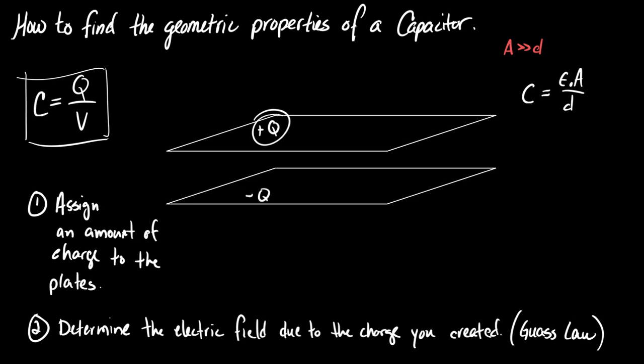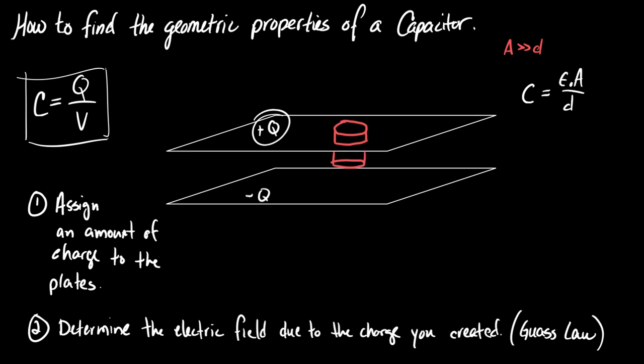I think the best one is one I can't really draw here, and I'll show you what I think the best one is. But I could draw a Gaussian surface as a cylinder that has one portion, like the top of the cylinder, outside the plate, and then go through the plate and have another surface between the plates.